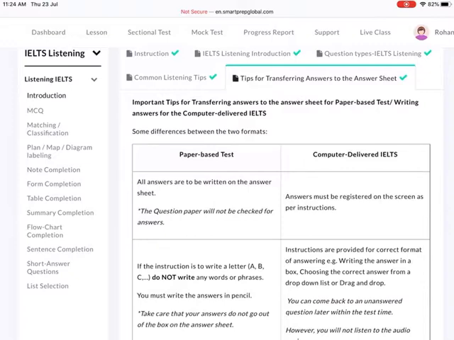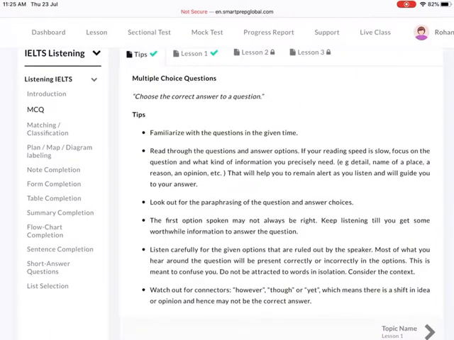It depends whether the person has opted for a paper based test or a computer delivered IELTS. From our side, we would always recommend a student to give a computer delivered IELTS.